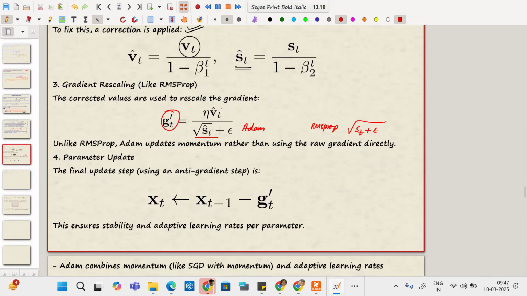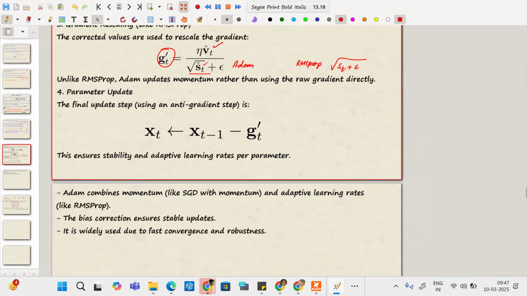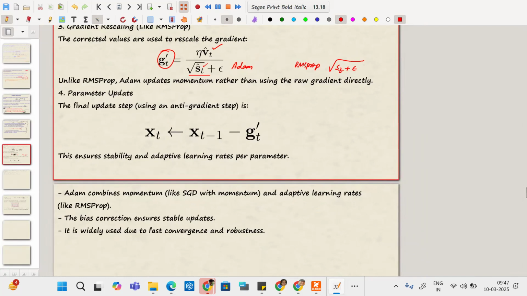I asked you how we are using V_t and S_t. This is how we are using it, motivated by RMSProp. Might be complicated, but you can see where the square root is coming from. It should look just like the RMSProp algorithm. And after that, it's the usual gradient descent step.